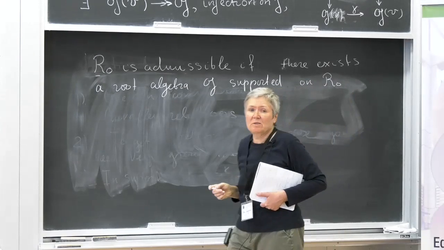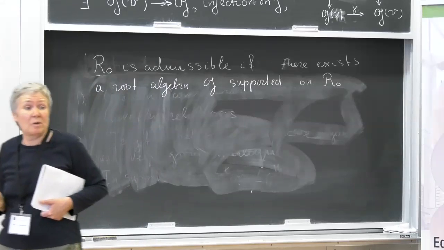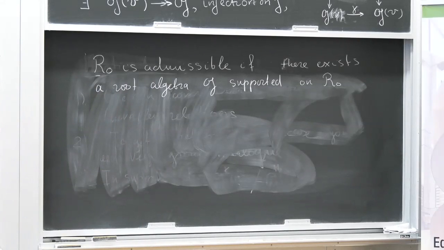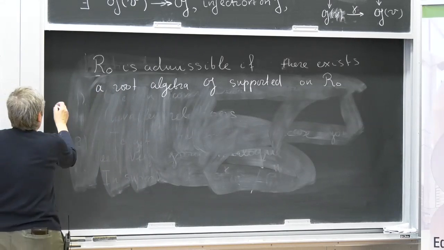So we can actually say exactly when such algebras exist, when groupoids are admissible.